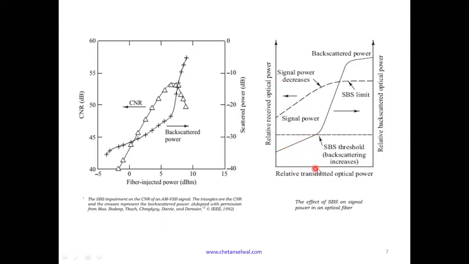But as soon as your input power crosses the SBS threshold, this backscattered power increases very rapidly. And because of the sharp increase in the SBS or backscattered power, your signal power now does not increase linearly. Rather, it reduces or it depletes. And this is mainly because of backscattering power or SBS effect.